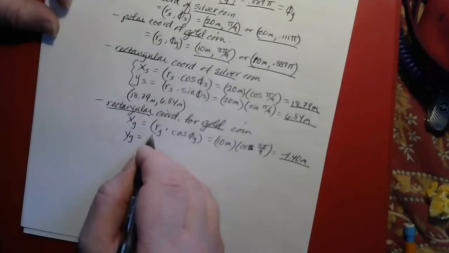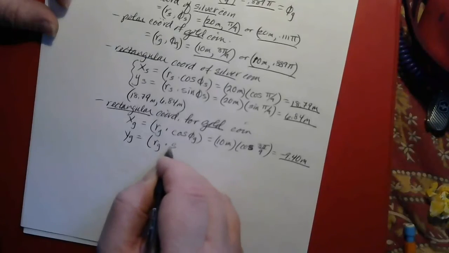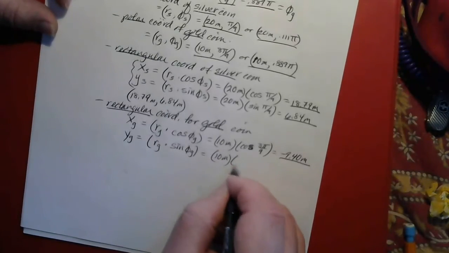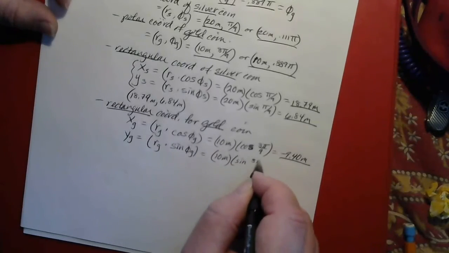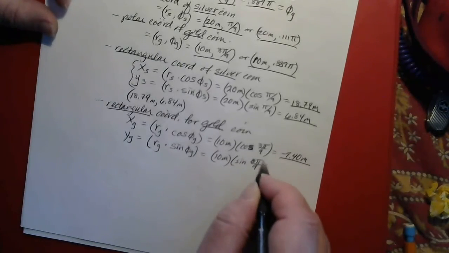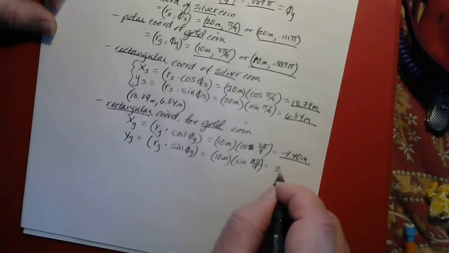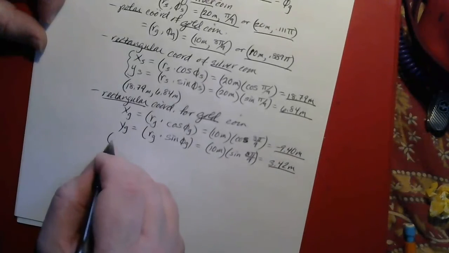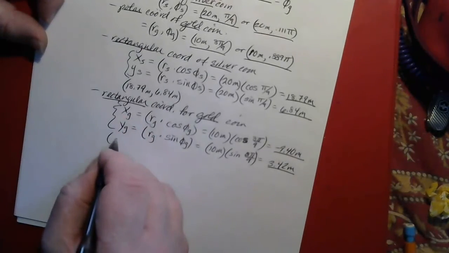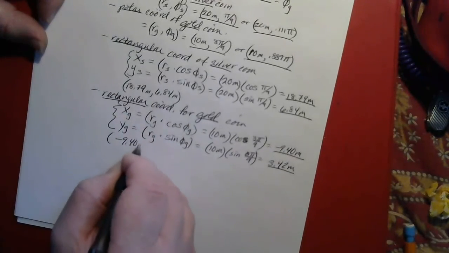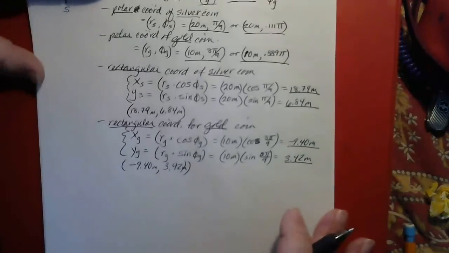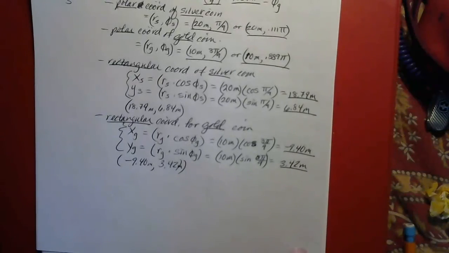And the y-coordinate of the gold coin, again, is going to be r_g times sine of phi_g. And that's 10 meters times the sine of 8 pi over 9. And that comes out to be 3.42 meters. Or in other words, negative 9.40 meters and 3.42 meters would be the rectangular coordinates. Okay.